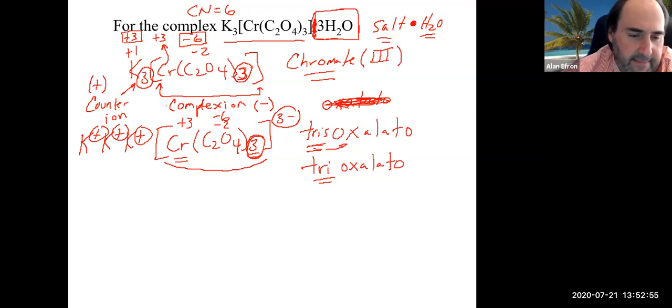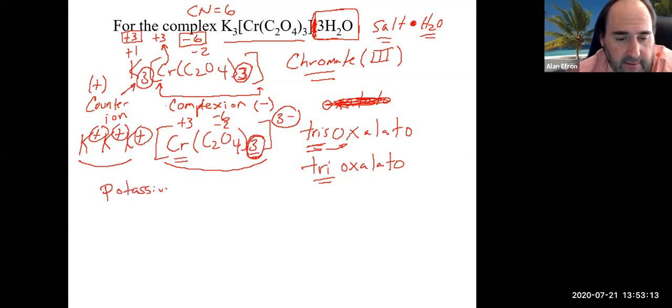So now we need to think about the first part of the name, and the first part of the name may also be kind of confusing as to what we end up with. But what we end up with for our counter ion is really just the name of the counter ion, which is potassium. So we will start with potassium, which is our counter ion. Now you may say there's 3 of them. Do we need to put anything in there for the 3 of those? You do not for your counter ion. So it's kind of similar to if you had, let's say, K2O.